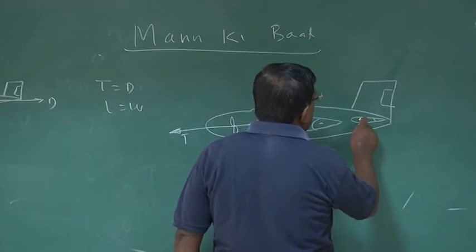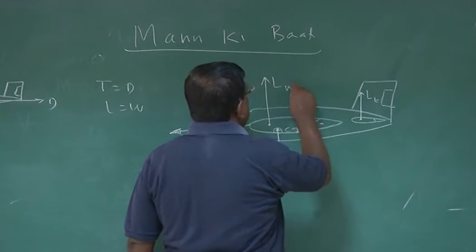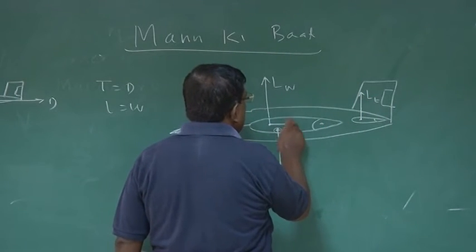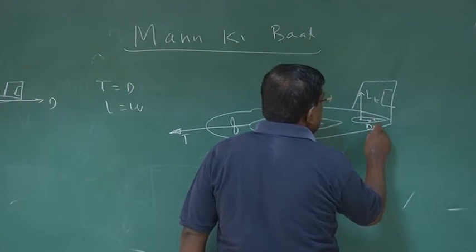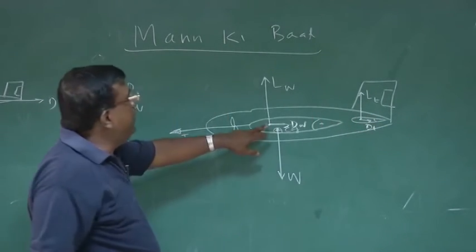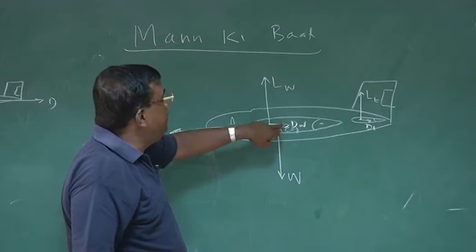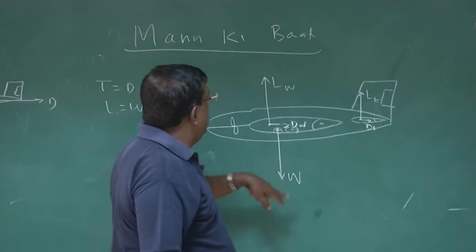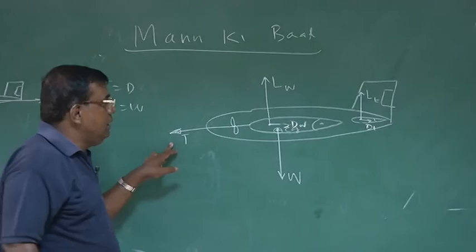Similarly, lift on the tail will be somewhere here. Let me repeat. This is the point of application of lift wing, lift tail, drag wing, and drag tail, and this is the weight of the overall airplane. This is the thrust.